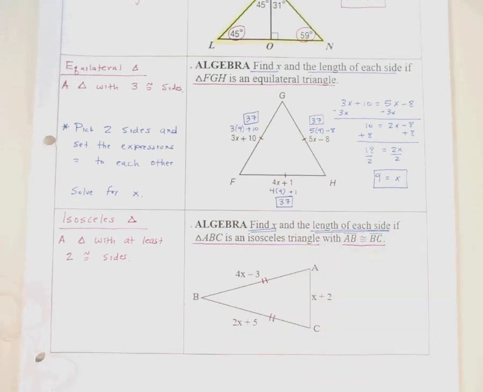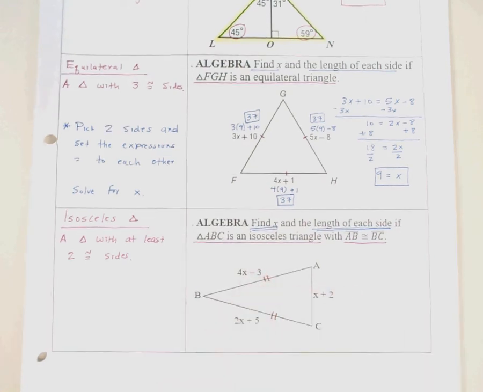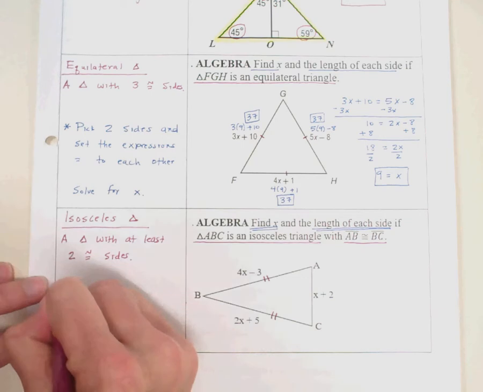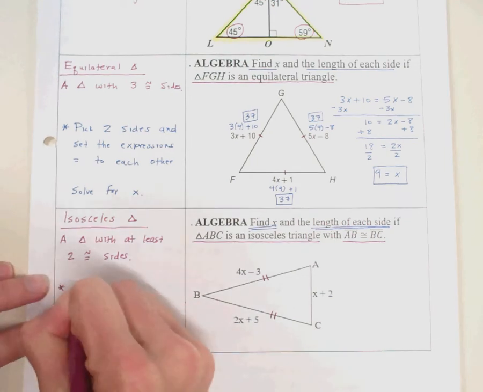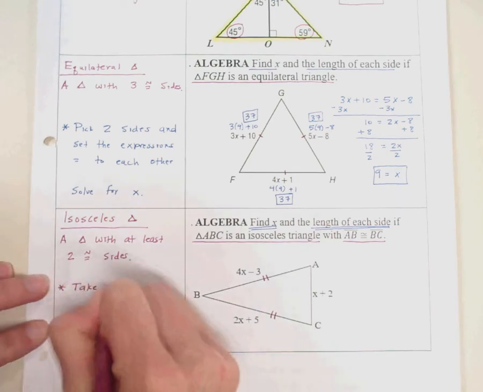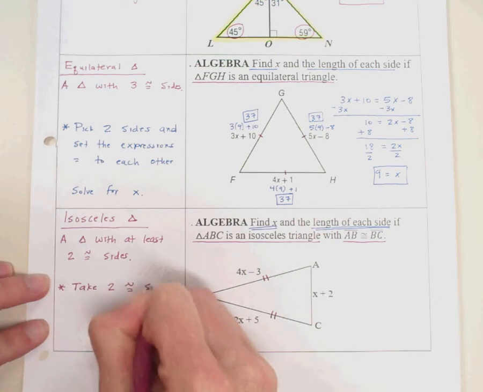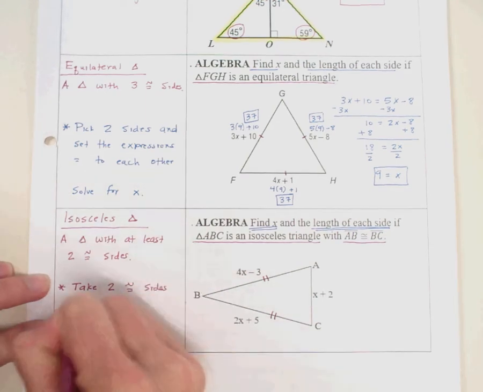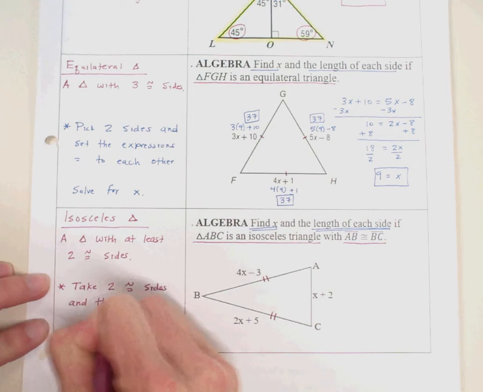Okay, similar to the previous problem, to find x, I'm going to take the two sides that are congruent to each other and set the expressions equal.